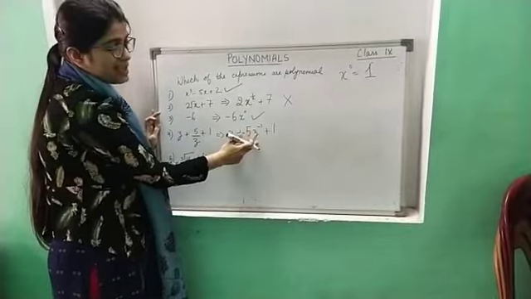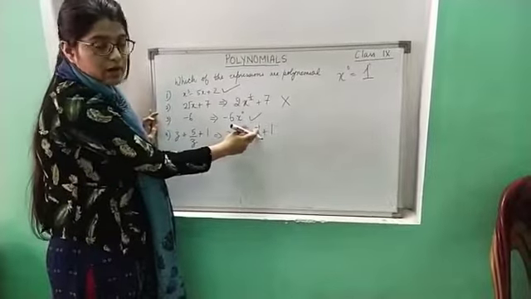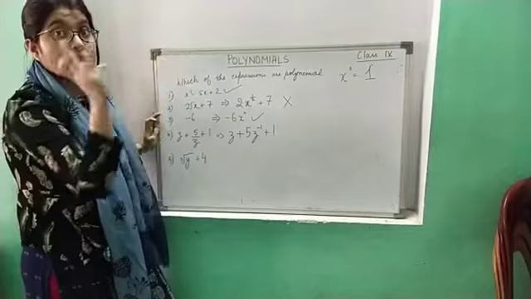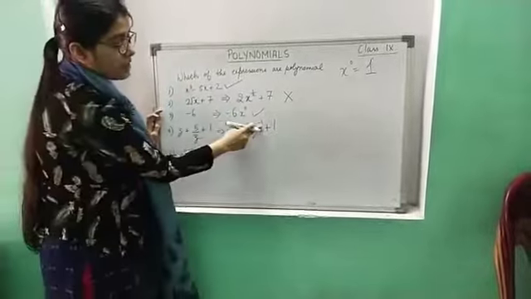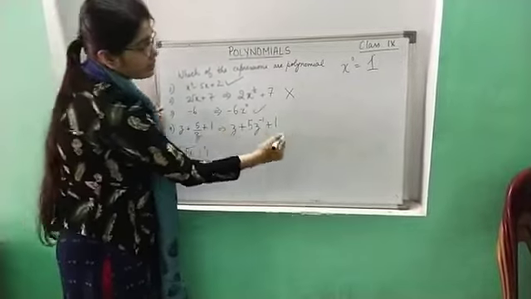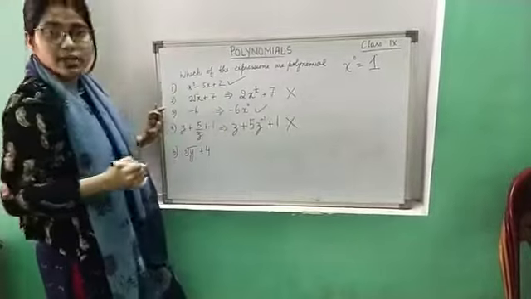Here the variable z has a negative power, and power should not be negative, so this is not a polynomial.